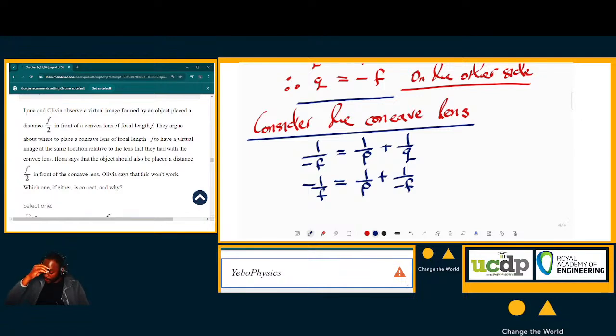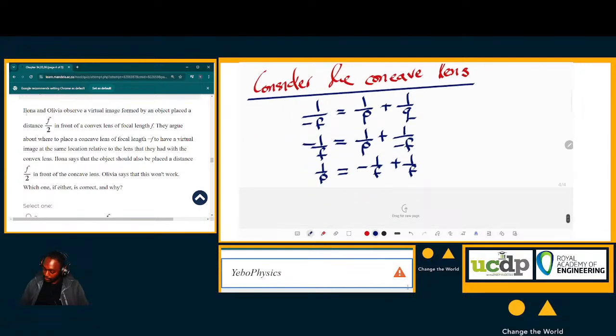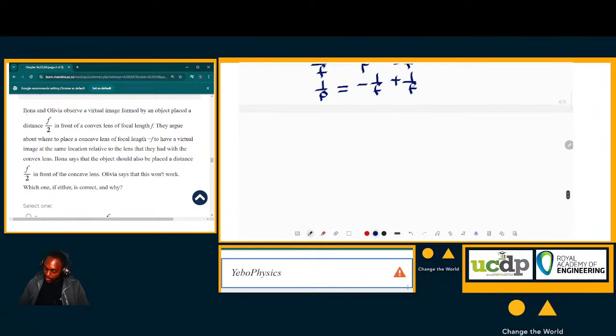So from there on, if we simplify and put 1 over p the subject, 1 over p will be equal to negative 1 over f plus 1 over f. So which means that 1 over p is equal to 0. And therefore, this implies that p is equal to infinity, right?